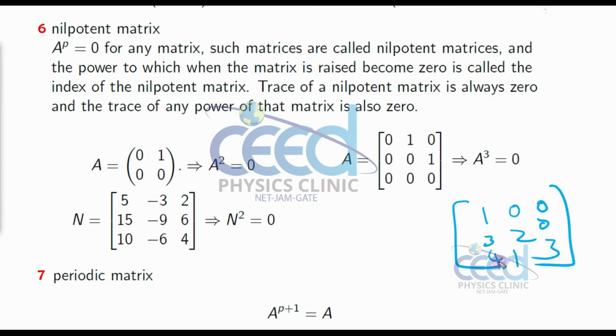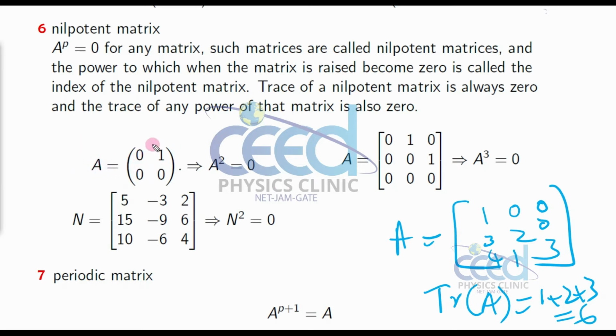Trace of a matrix is the sum of the diagonal elements, so trace of A is equal to 1 plus 2 plus 3, that is 6. Now here you have a matrix A. When you find A square, A square is equal to 0. A square equal to 0 means the index of this nilpotent matrix is 2.